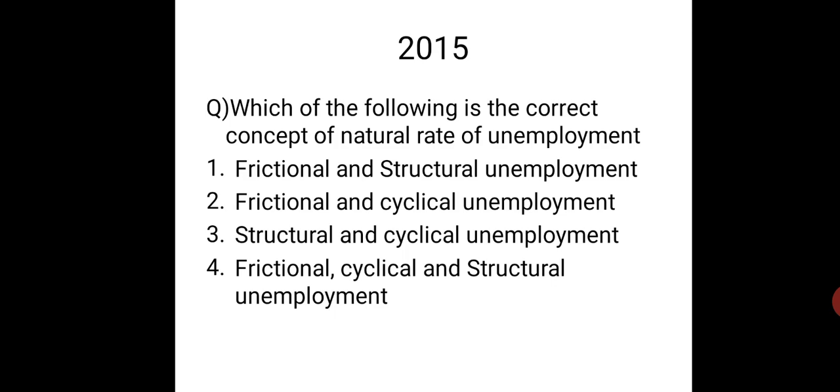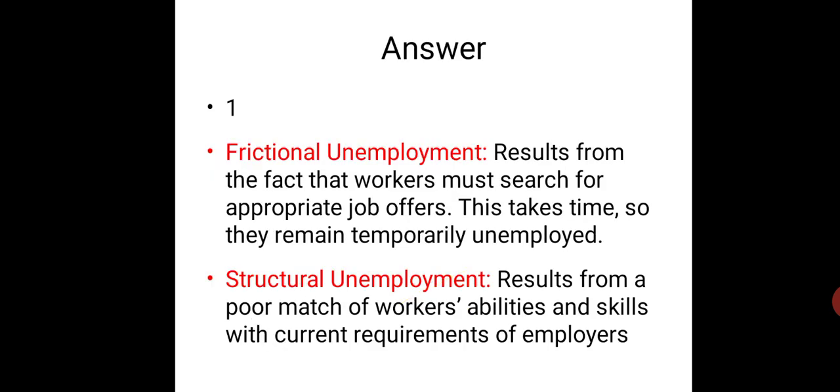They are asking what are the 2 kinds of unemployment that constitute that natural rate of unemployment. Options are frictional and structural unemployment, frictional and cyclical unemployment, structural and cyclical unemployment, frictional, cyclical and structural unemployment. Okay, so the answer here is frictional and structural unemployment.